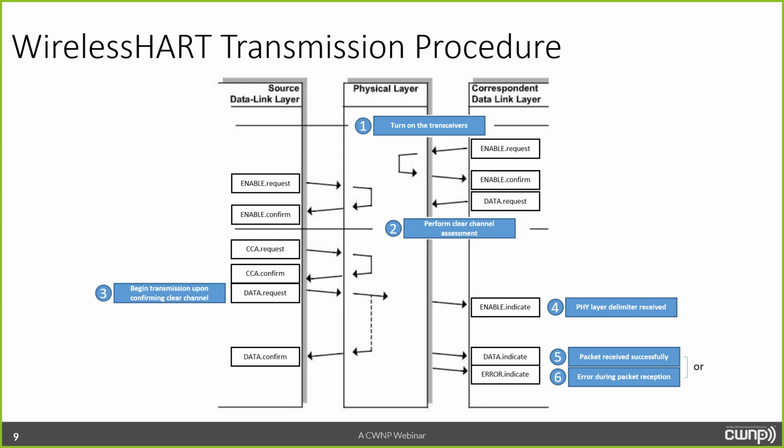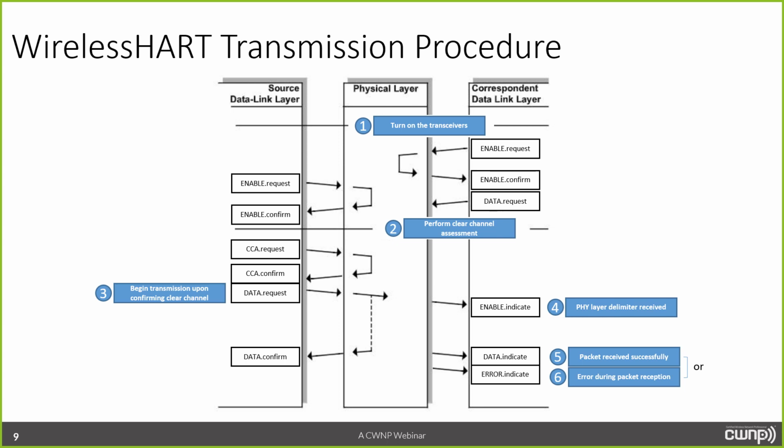The things in this diagram that are important to know, the enable.request, the enable.confirm, all of those are primitives within that layer. So the data link layer has an enable.request, which communicates with the physical layer, and the enable.confirm comes back from the physical layer saying, hey, we're good. And then notice there's a CCA request and a CCA confirm.